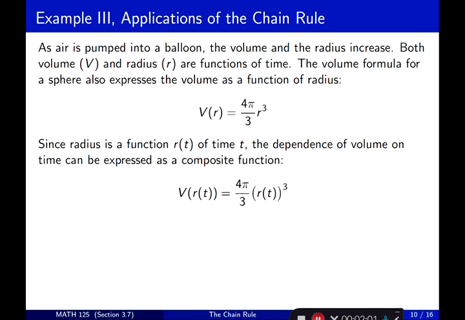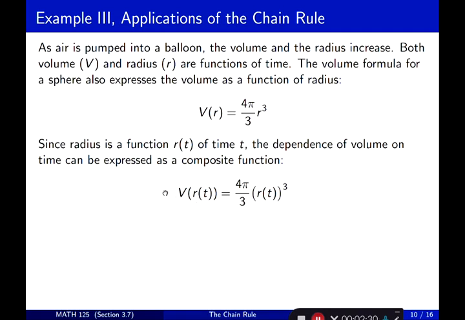So since radius is a function R of t, of time t, the dependence of volume on time can be expressed as a composite function. What's a composite function? V of R of t equals 4 pi over 3 times R of t to the power 3. We know that R is a function of time, and so we can replace it there.